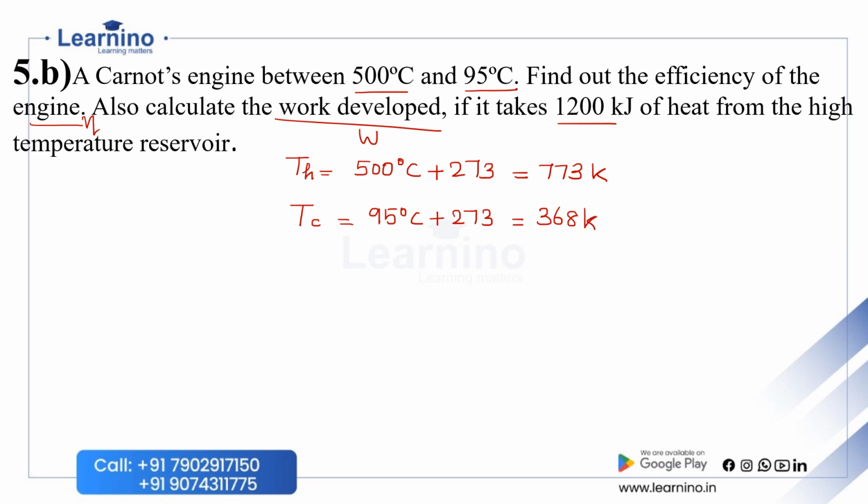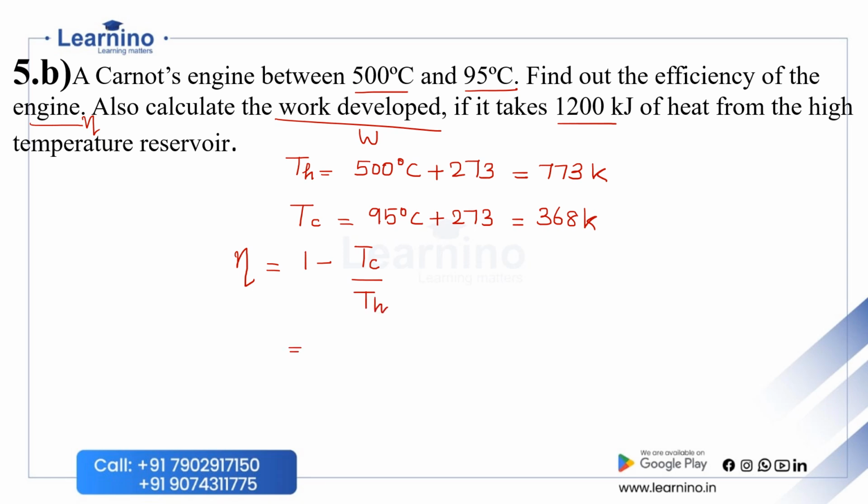Next we need to calculate the efficiency of the Carnot engine that we have derived in the previous problem. Eta is equal to 1 minus temperature of cold reservoir divided by temperature of hot reservoir.